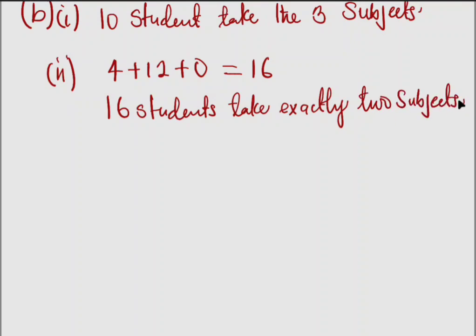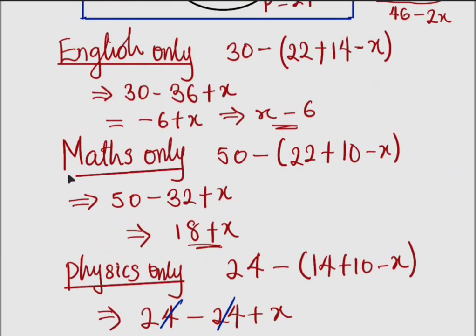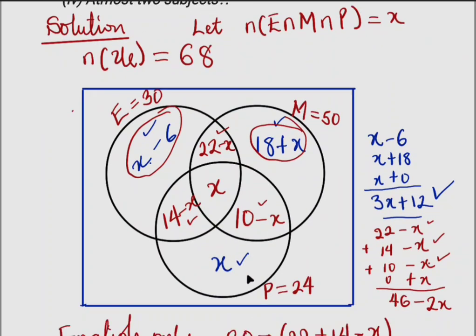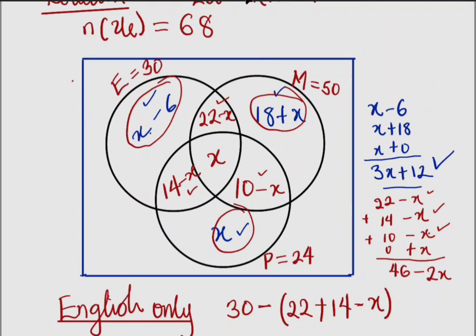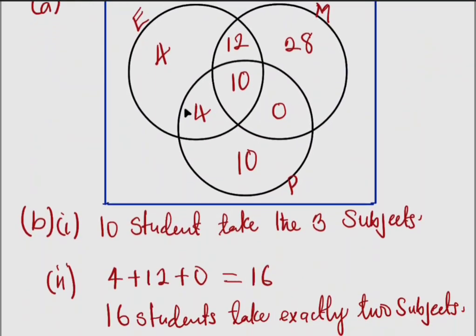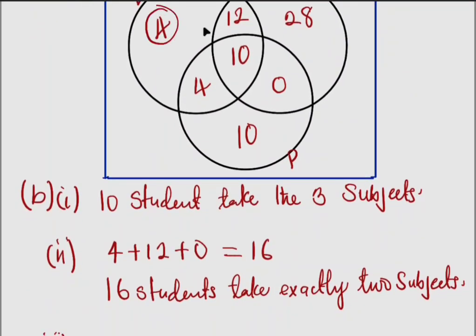Okay. Then Roman figure 3 says only one subject, that is English only, math only, and physics only. Of course, that is where we are going to pick them. So let's go to our main Venn diagram. That will be 4, 28, and 10.